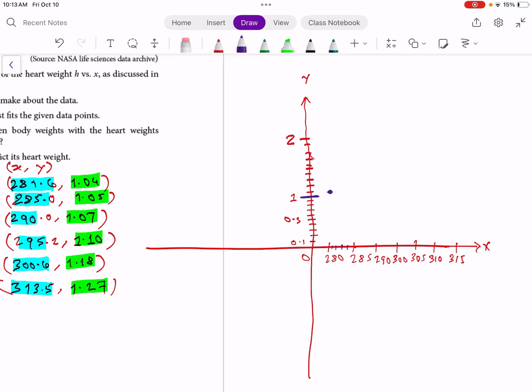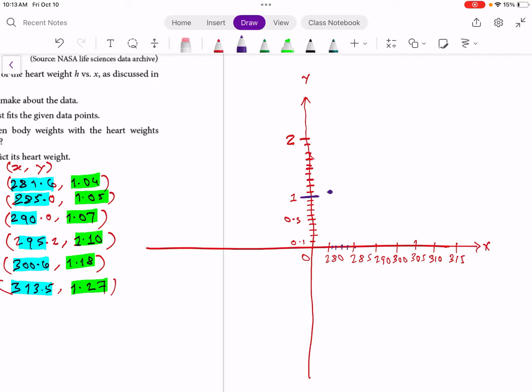And now next let's plot other points. So we have 285 and 1.05. So this is 285 and 1.05. Okay, which one is bigger? 1.05 is bigger than 1.04, right?